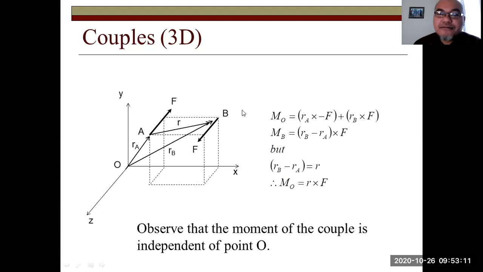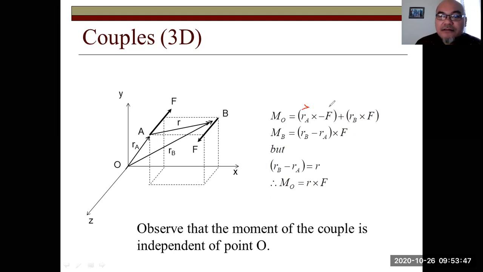So if we calculate moment about point O from these two forces, first we calculate the moment due to the first force, force A: RA cross the force, which is directed towards minus C, so let's assign negative F, plus the moment due to force B, which is RB cross the force.